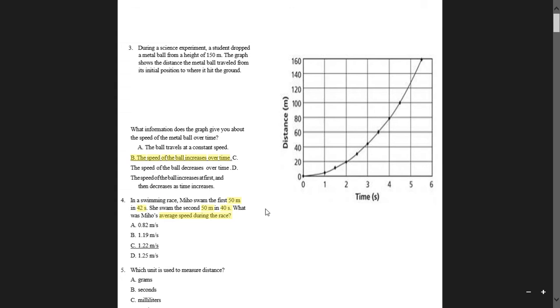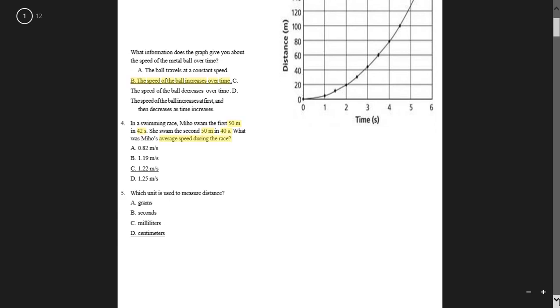Divided by total time, which is 42 plus 40 equals 82. So 100 divided by 82 will be 1.21, approximated to 1.22.